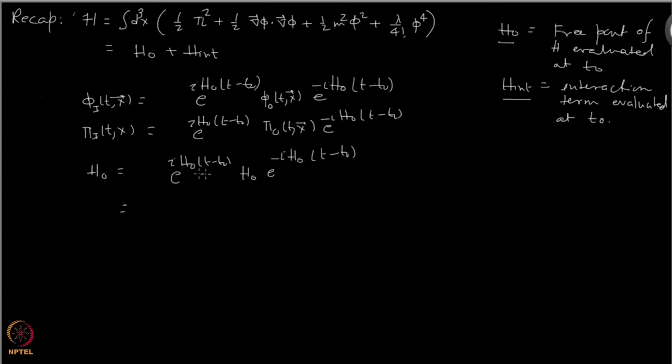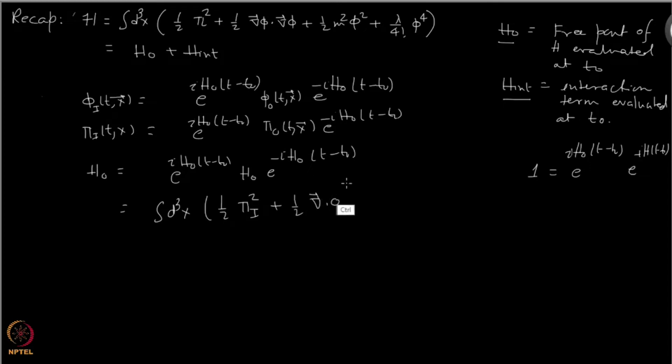And if you take the H naught here, and then from left and right you multiply with these two factors, and if you insert 1 in this form, then you will be able to write H naught as follows. Okay, so that's clear.